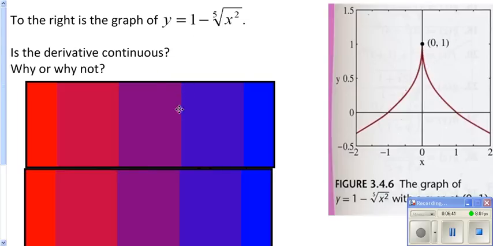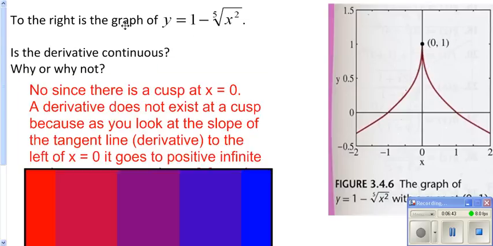So we would say no, since there's a cusp, because you have a slope of your tangent line at x equals 0. You really have a tangent line that could be horizontal, could be diagonal, either way. So it really just kind of pivots all the way around there. There isn't one set tangent line.